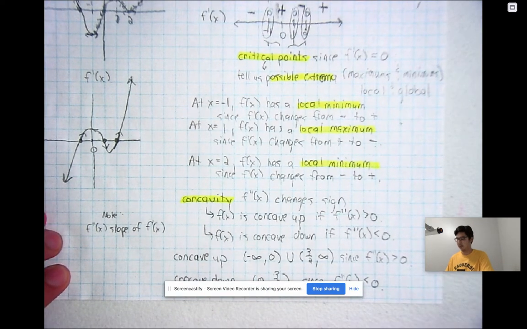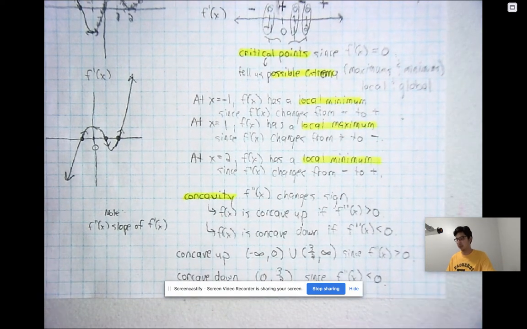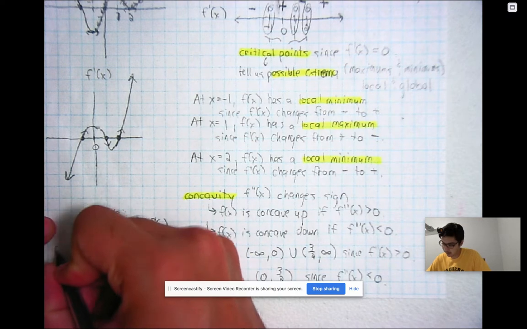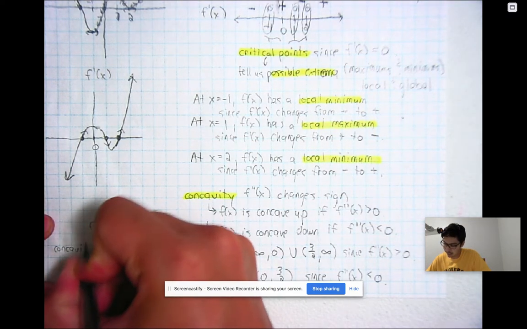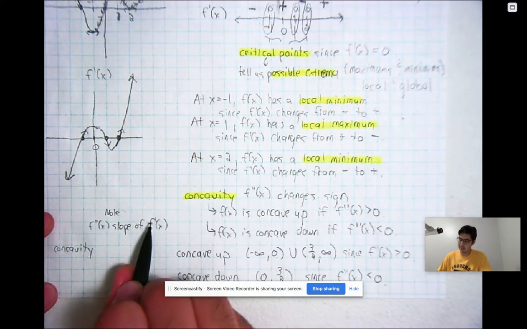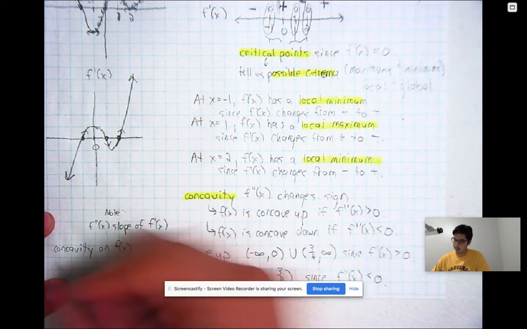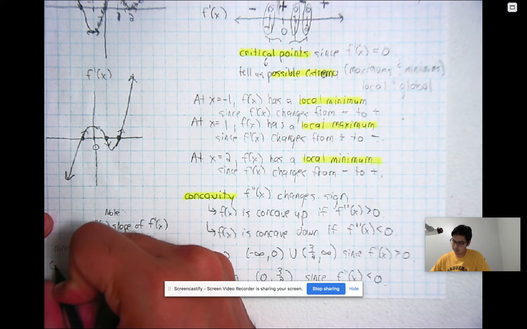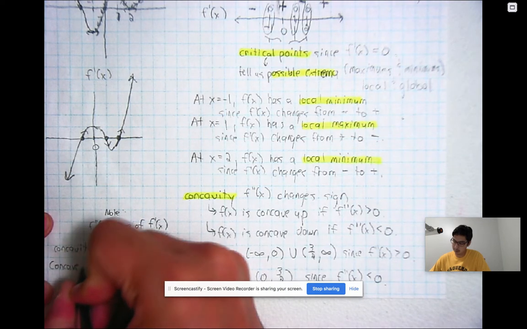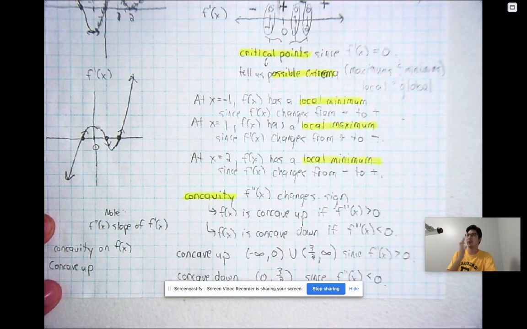Now, if we relate back to f of x, what does concavity mean on f of x? So we can see what concavity means on f prime of x, it's the slope, but concavity on f of x, right, if it's concave up, you're talking the rate of change is increasing. The way the rate of change is changing is increasing.